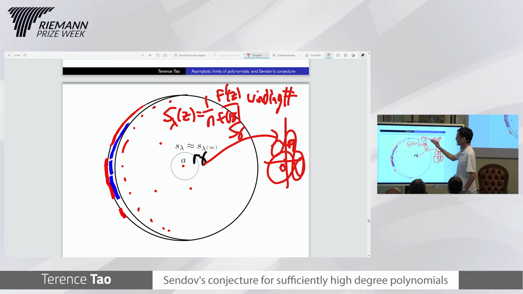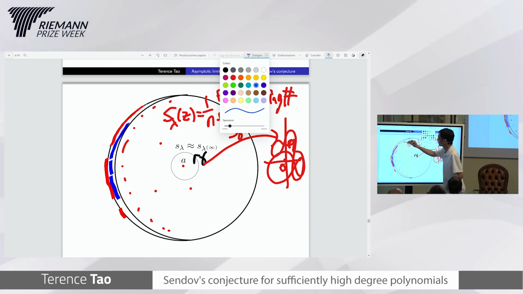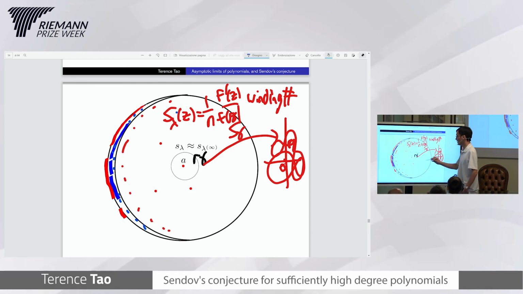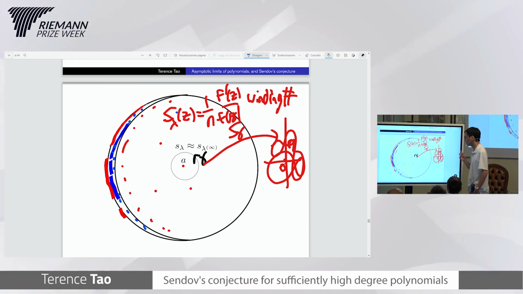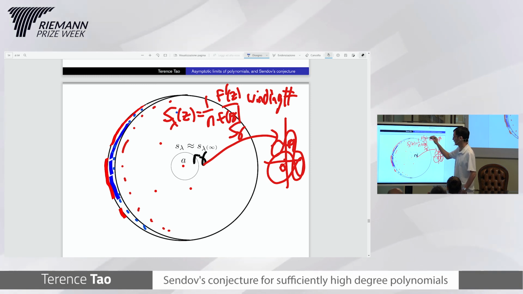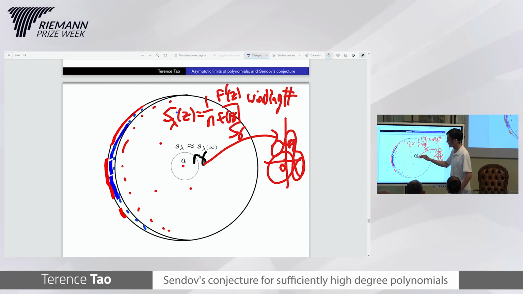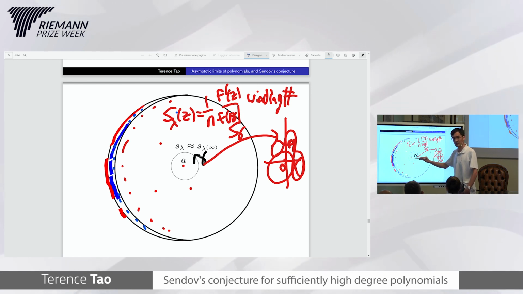So the zeros are actually the critical points of f, and the poles are the zeros of f. All the zeros of f are the poles of S lambda, and all the critical points of f are the zeros of S lambda. So this function has no zeros inside this circle because all the zeros are stuck on the unit circle. But it has at least one pole because there's this A here.